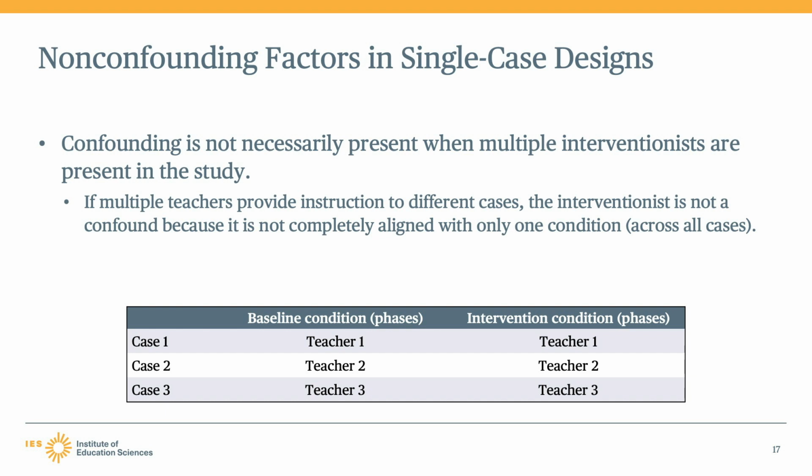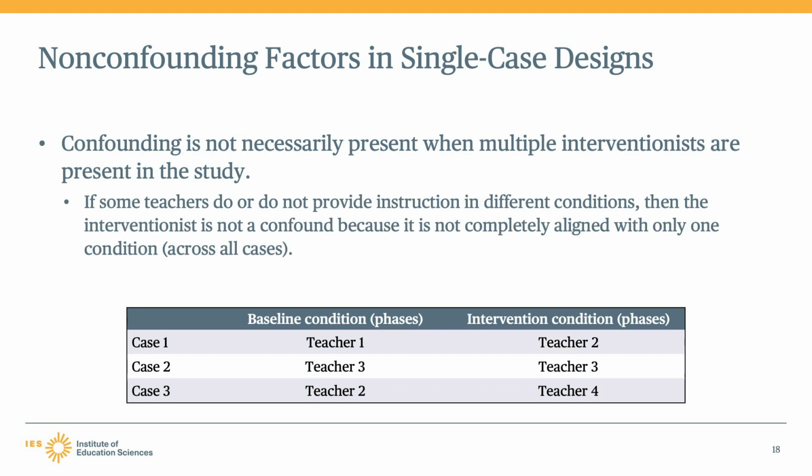Similarly, confounding would not be present if multiple teachers provided instruction to different cases within the design, as shown here. In this example, interventionist is not a confound because it is not completely aligned with only one condition across cases. This example is one that frequently causes confusion. Remember that the WWC's definition of a confounding factor does not apply to confounding with cases, but rather focuses on confounding with study conditions.